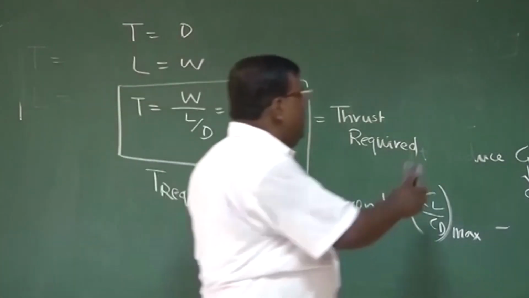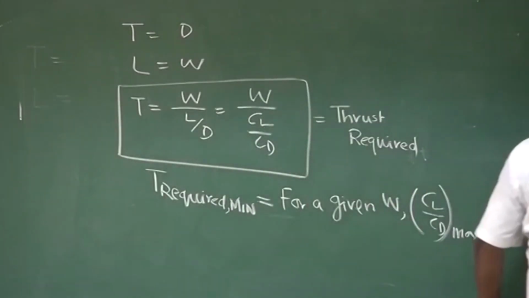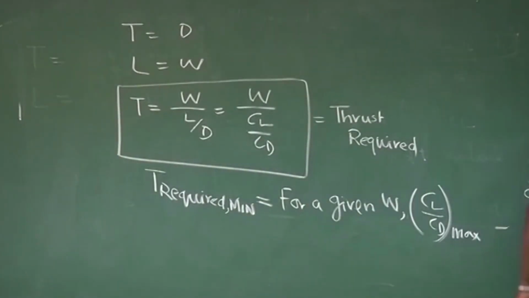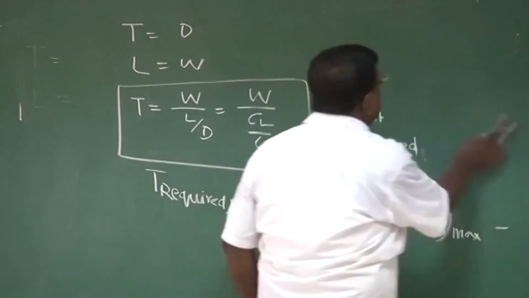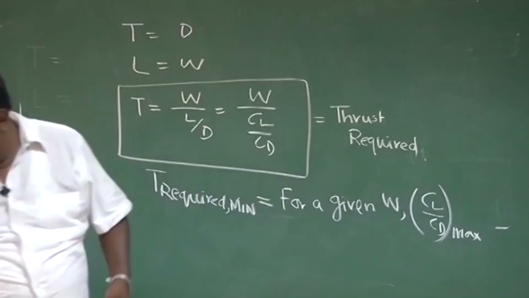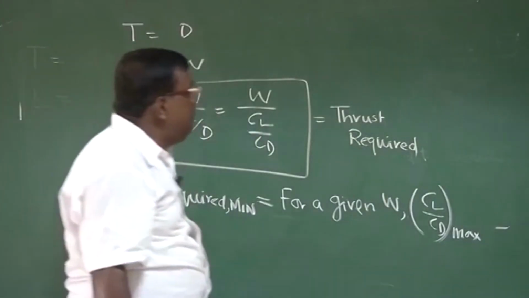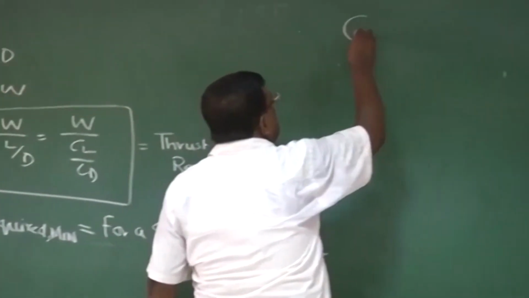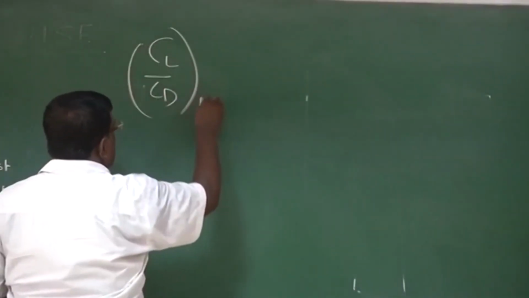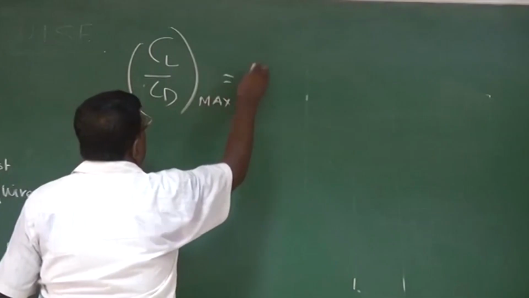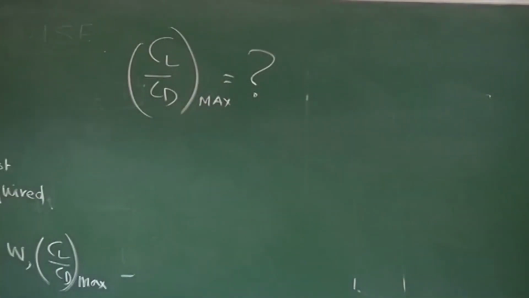That also we should now ask ourselves. What is the meaning of CL by CD maximum?